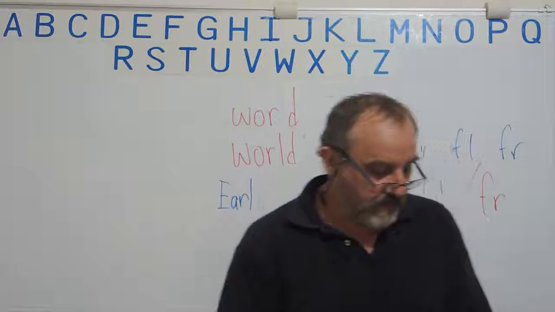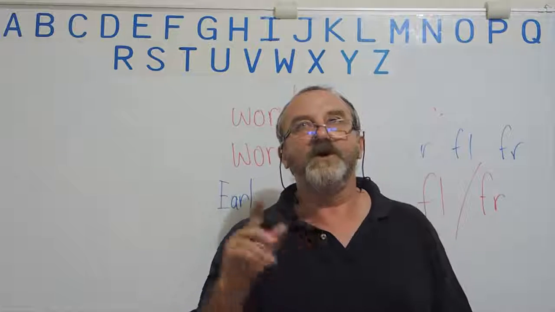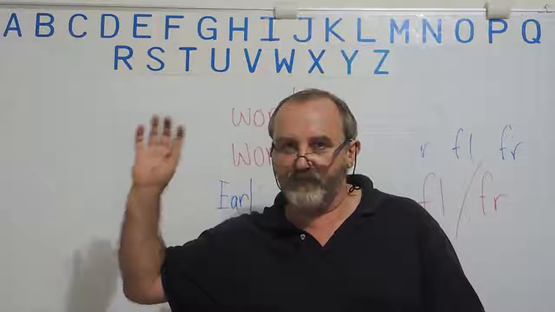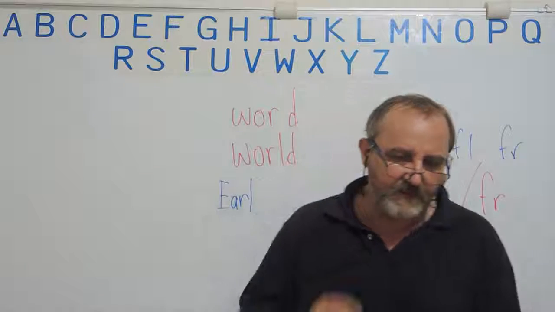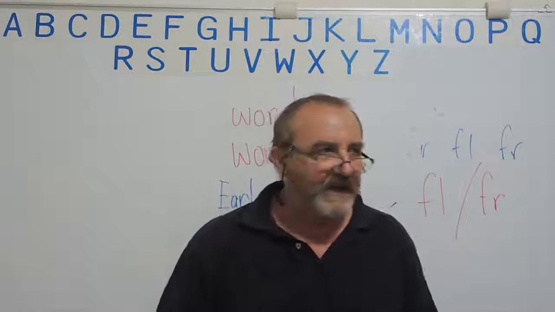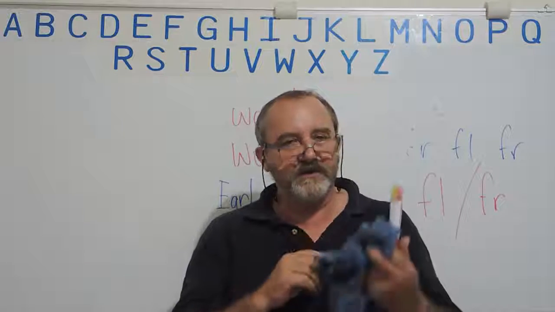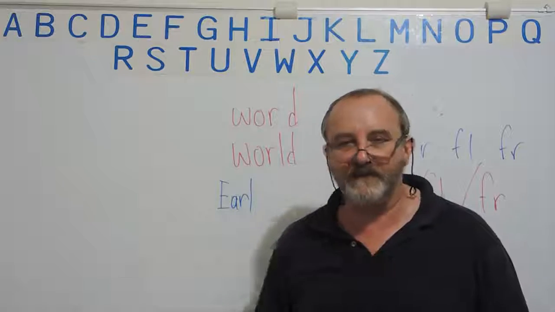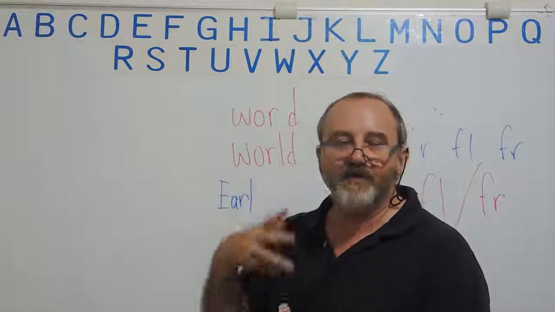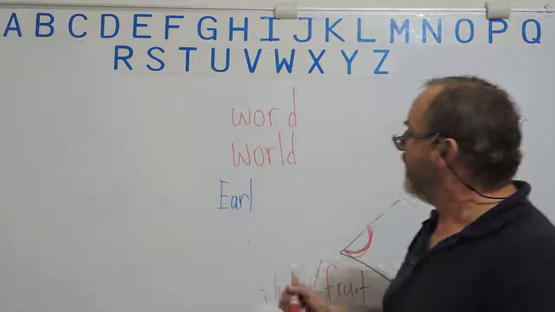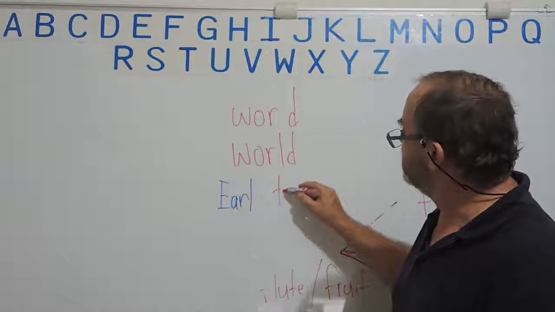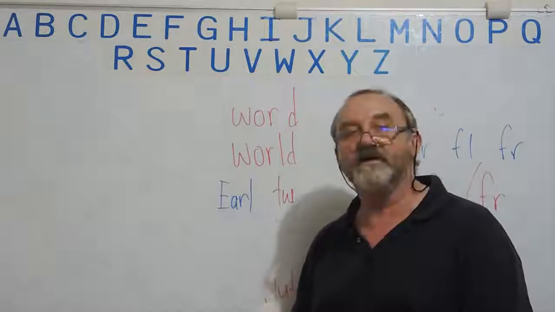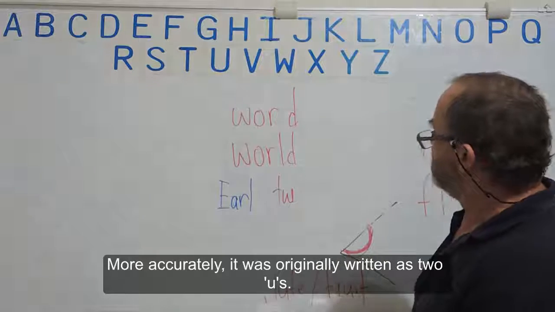I said, okay, well, what can I do with Earl? I remembered a student from many years ago in America who drew a picture of a finger spinning a basketball, and it said sit and spin. And I went, oh, twirl. I thought of Atlas spinning the world. And I went, oh, okay, so Earl can... oops, that's a W. Well, it does look like two U's, doesn't it? That's why it's called a W, because it is two U's.